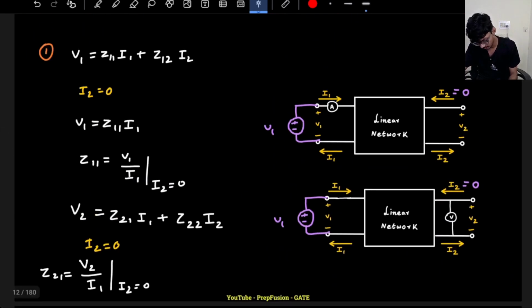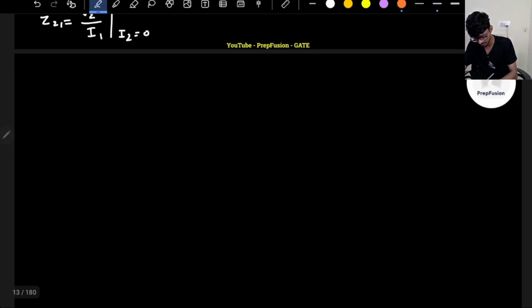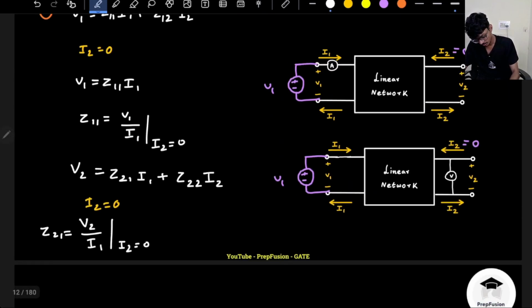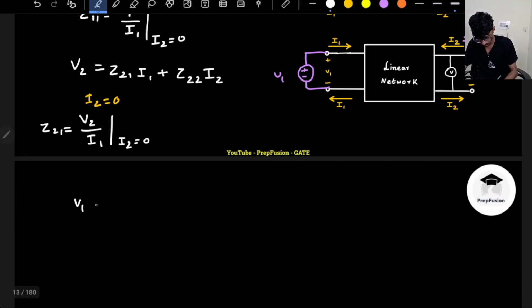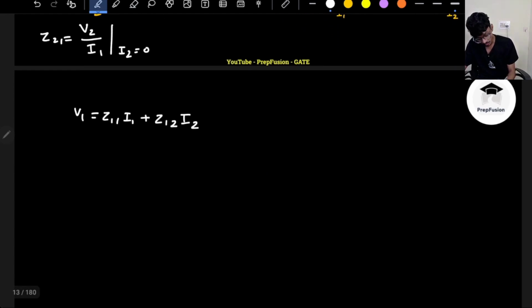So okay, let's do it anyway. For the first one, let's do it from scratch. In the other equation, I have V1 equals Z11 I1 plus Z12 I2. This time I need to find this ratio Z12. So I will make I1 0.